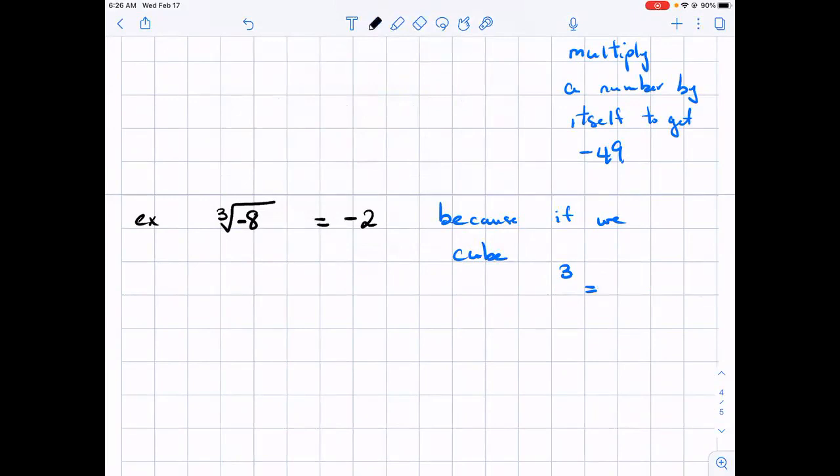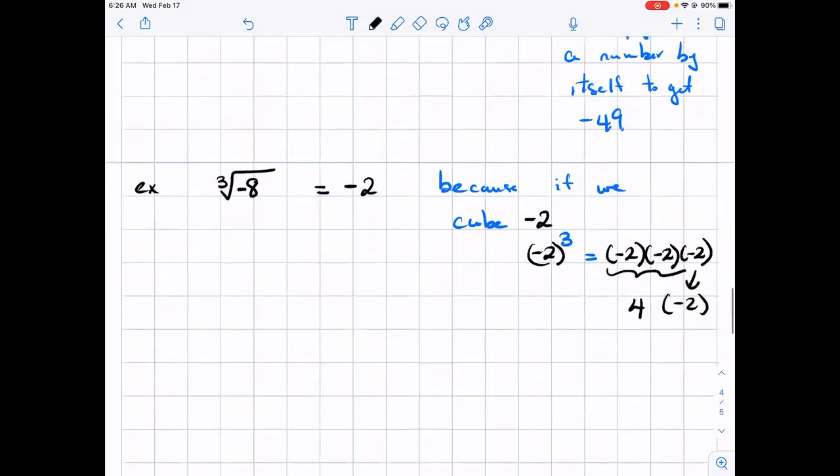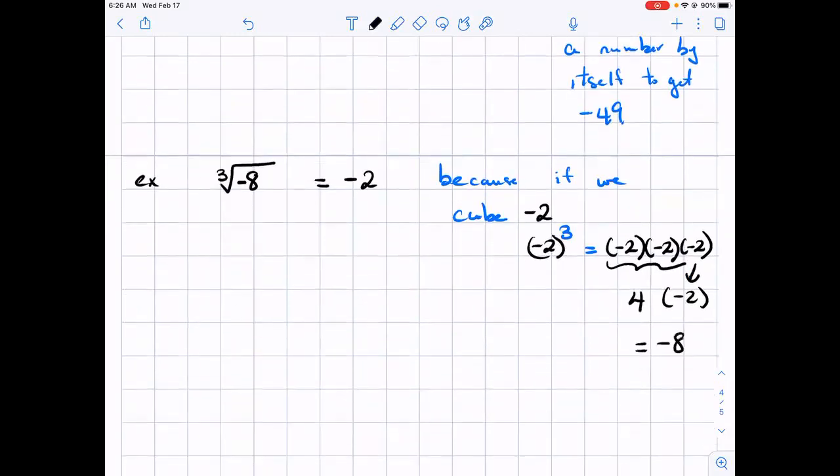If we cube negative 2, we get negative 2 times negative 2 times negative 2. And when you multiply the first two, you get 4. But if you multiply 4 by negative 2, you will end up with negative 8. So once again, the key point is that these numbers here must be multiplied by themselves.